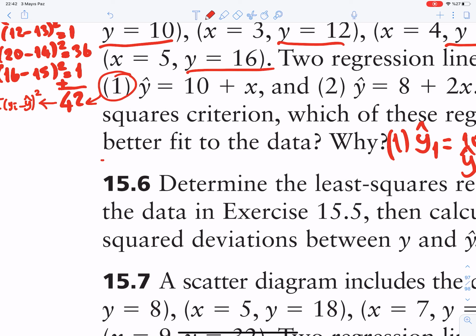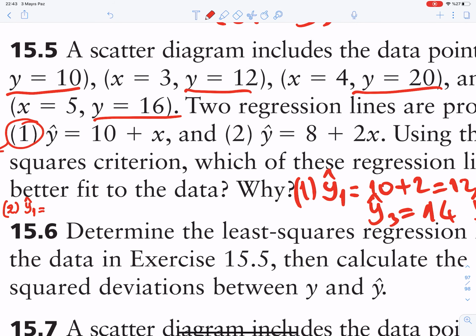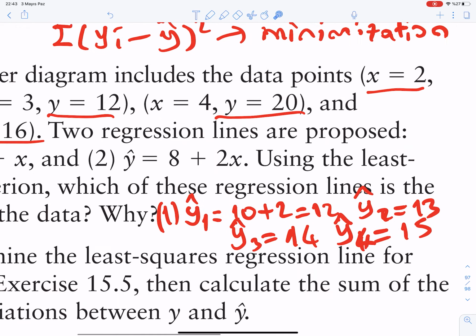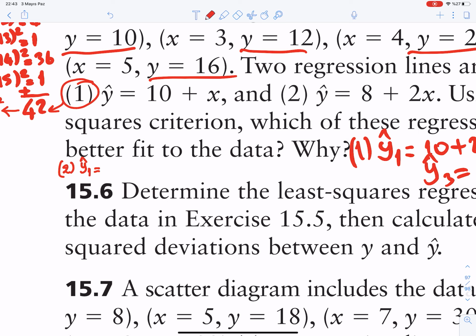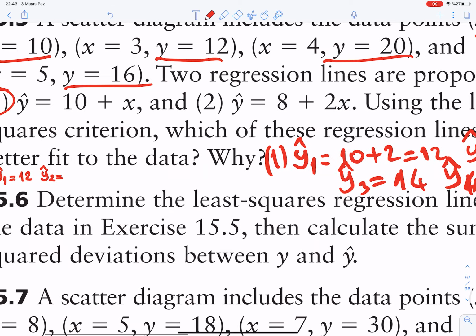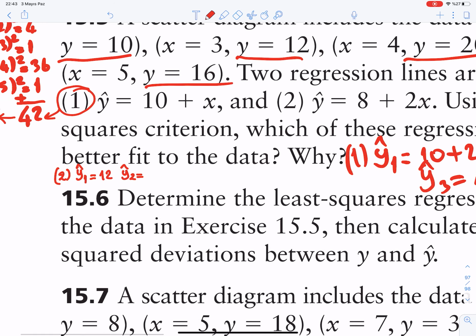So y1 hat will be 8 plus 2 times 2, which becomes 12. y2 hat uses the next value of x, which is 3: 2 times 3 is 6, and 8 plus 6 is 14. y3 hat equals 8 plus 2 times 4, so it becomes 16.